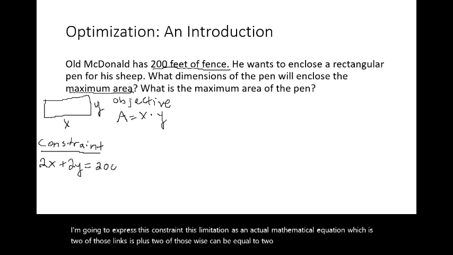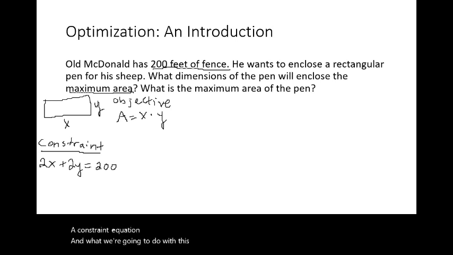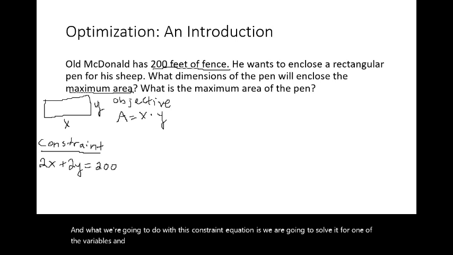Now, in any optimization problem, we're going to use all the materials available, so the perimeter is going to equal 200. That is what is called a constraint equation. And what we're going to do with this constraint equation is we are going to solve it for one of the variables and use it to rewrite the objective function in terms of only one independent variable.